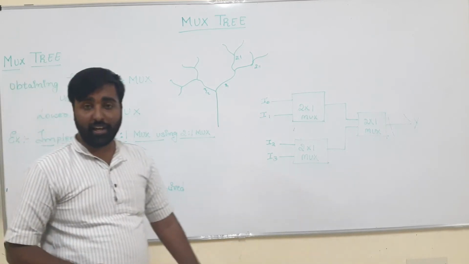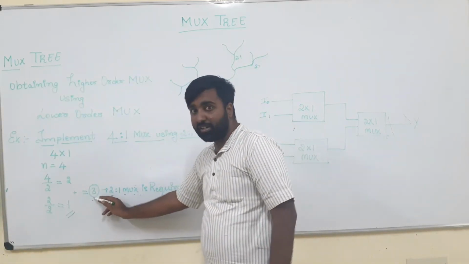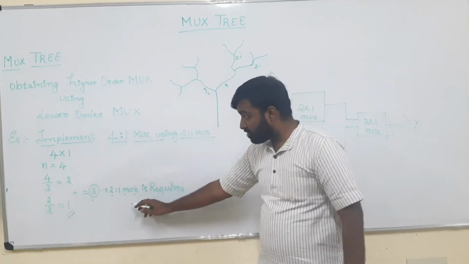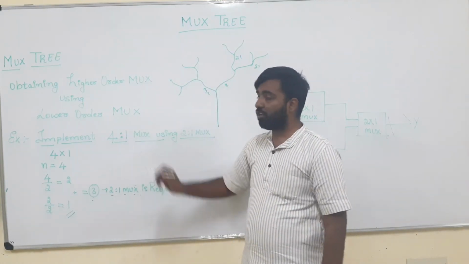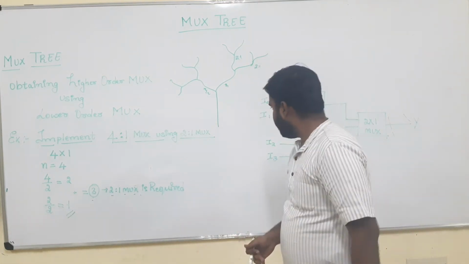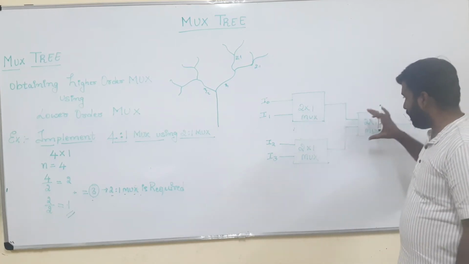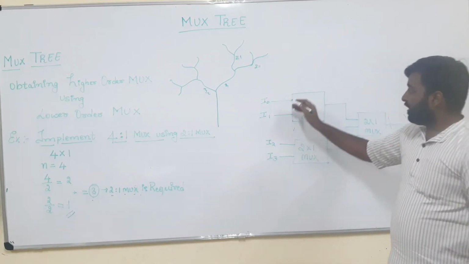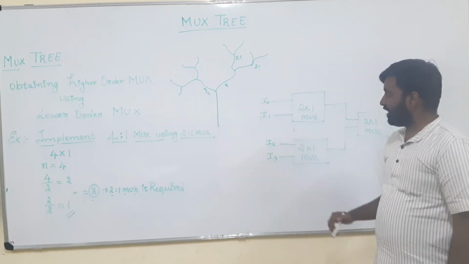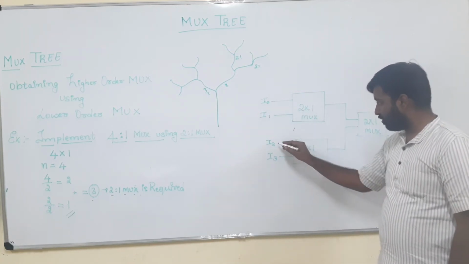Please understand it again. I'll be repeating: we require three 2:1 multiplexers to construct your 4:1 MUX. So please observe how I have written here. I have used three 2:1 multiplexers. In the first stage, one multiplexer has 2 inputs, that is a 2:1 MUX, and another 2:1 MUX.